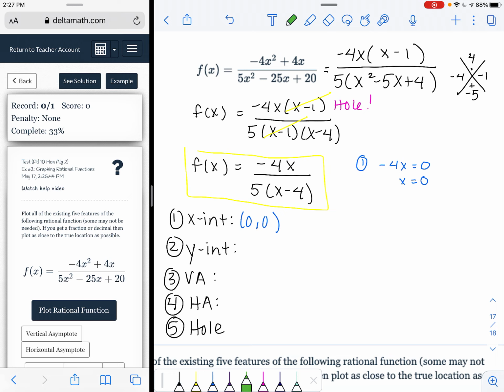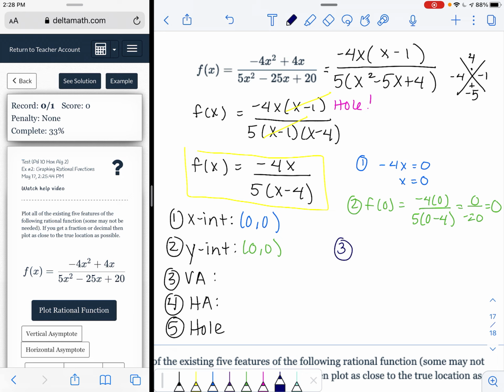For my y-intercept, I'm going to find f of 0. So I'm going to do negative 4 times 0 over 5 times 0 minus 4. It's going to be 0 over, that's 0 minus 4 is negative 4. It's going to be 5 times negative 4, so negative 20. But 0 over negative 20 is still 0. So I get 0, 0 here.